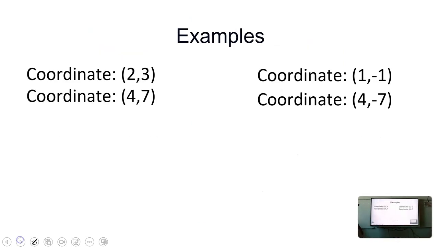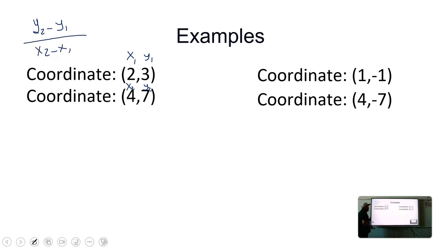Okay, so let's take a look at this first example. We have (2, 3) and (4, 7) for our coordinates. So we're going to call this x1 and y1, and we're going to call this x2 and y2. So we're going to find our slope by doing y2 minus y1 over x2 minus x1.